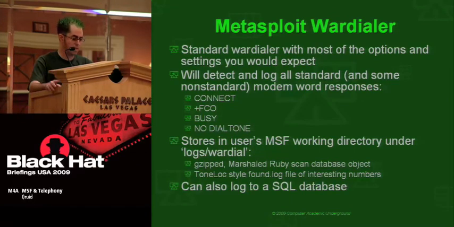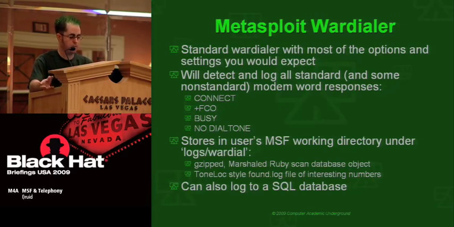Now basically, the Metasploit war dialer is your standard war dialer, and has most of the options you'd expect. It'll log most of the modem response codes, because the modem is actually doing the connection and the verification of what it's finding. It stores all of its information under your MSF working directory, under logs/war dial.